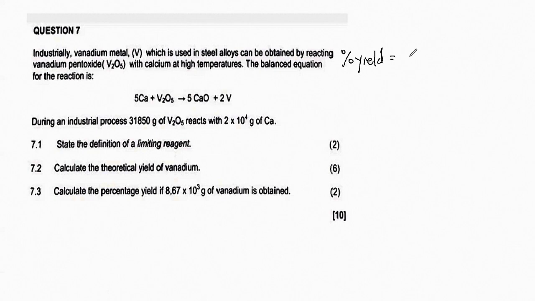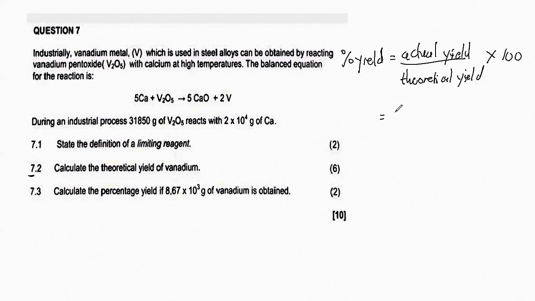So percentage yield is equal to the actual yield over the theoretical yield. Now you can understand why it's 2 marks, because you are given the actual yield, and you have calculated the theoretical yield in 7.2. So it's just a matter of substituting into that formula and then multiplying by 100.